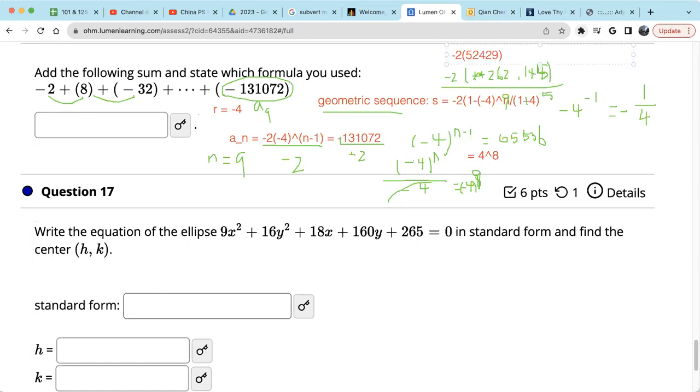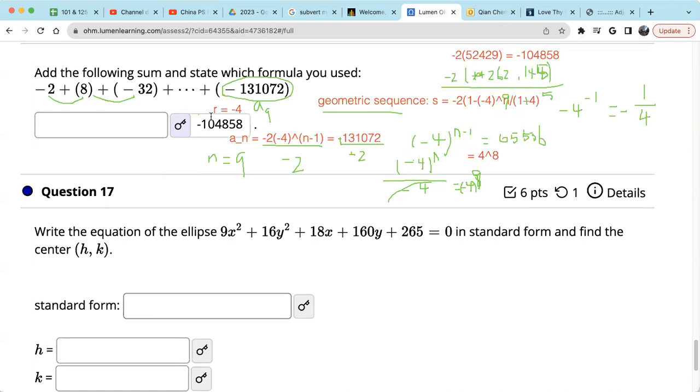So that's why it's important to double check. Then when we multiply the negative 2, we get negative 104,858. Okay, let's see if we did it right. Let's check the answers. Oh, yes. Negative 104,858. So during the calculation, it's very easy to make a mistake. So make sure you check every step.